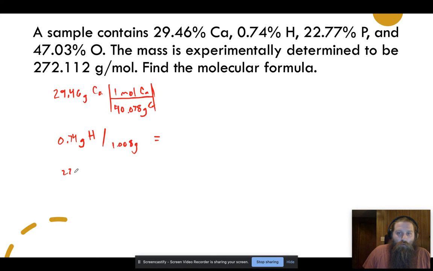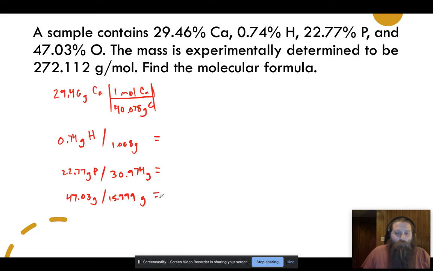We've got 22.77 grams of phosphorus. Phosphorus is 30.974. Is that right? Yes. And we have oxygen, which is 47.03 grams divided by 15.999 grams of oxygen.